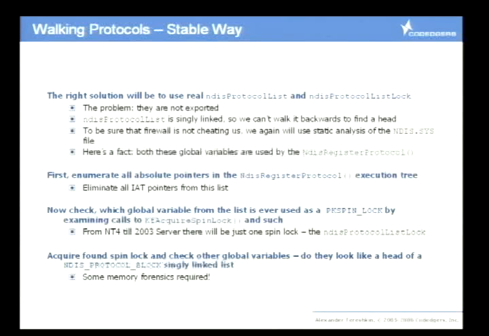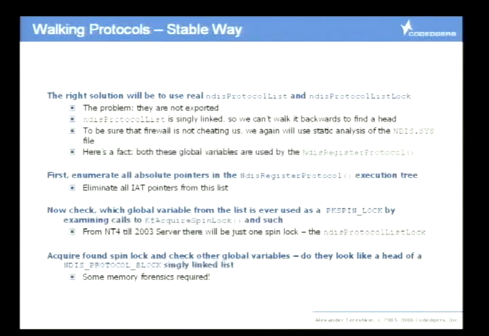Then we will acquire this spin lock. And after that, we will try to walk every other global variable found by the static analysis of the NdisRegisterProtocol function.